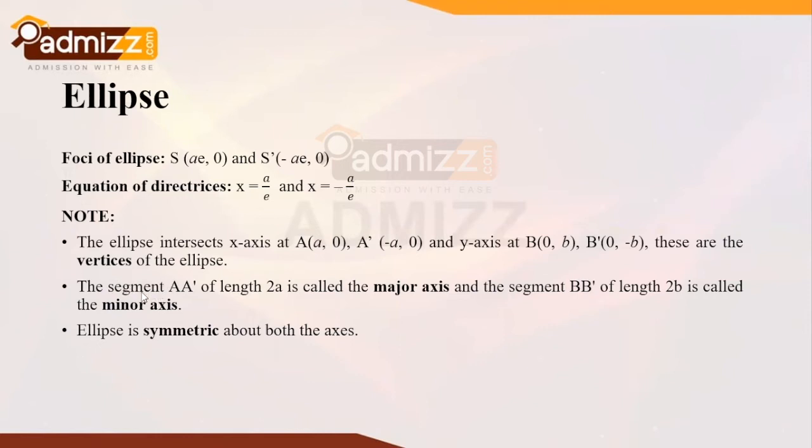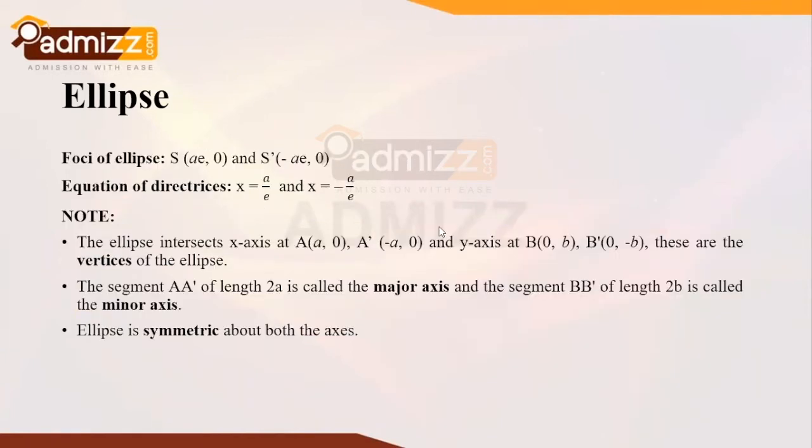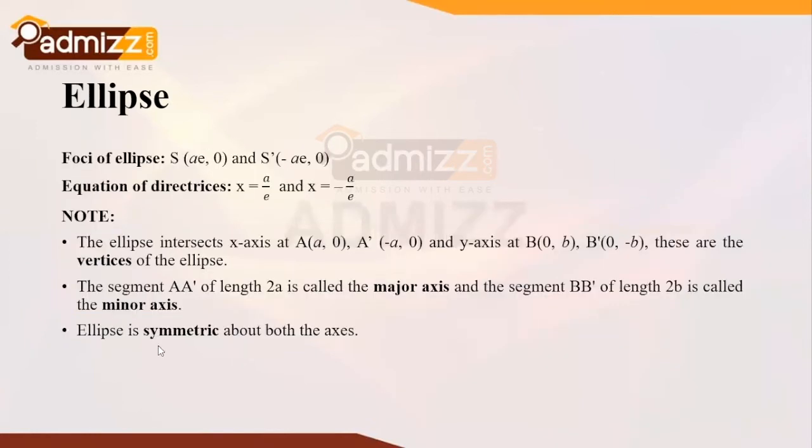The segment a dash, which is of length 2a, the distance from this point to this point, is the 2a value which we find, and that is known as the major axis. The segment b dash of length 2b is called the minor axis, which you can find right over here, that is the distance from this particular point to this particular point. So this is the minor axis, this is the major axis, and the ellipse is a geometrical figure which is symmetric about both the axes.